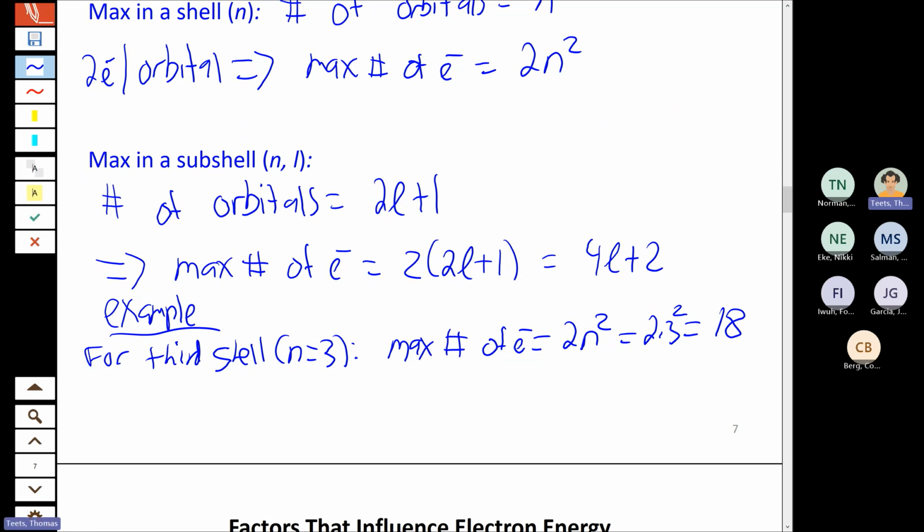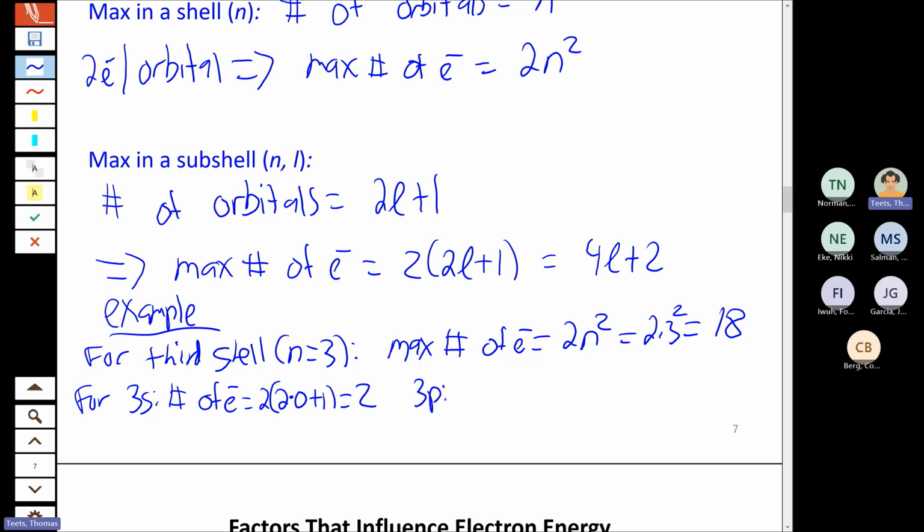And then for each of the subshells that are in the third shell, so for 3s, the number of electrons that can go into 3s would be 2 times 2l plus 1, so s is l equals 0. So there'd be a maximum of 2 electrons in the 3s subshell.